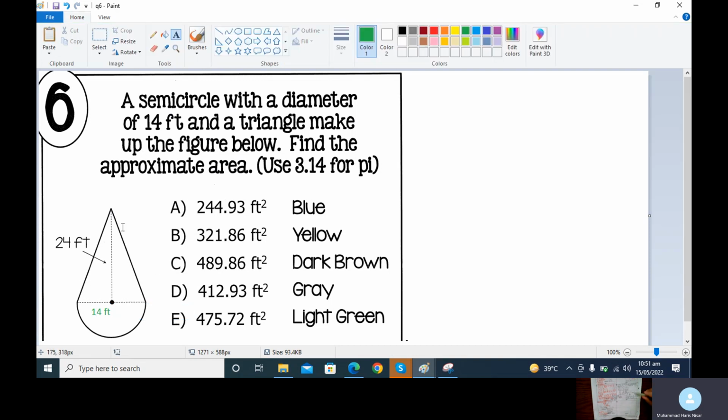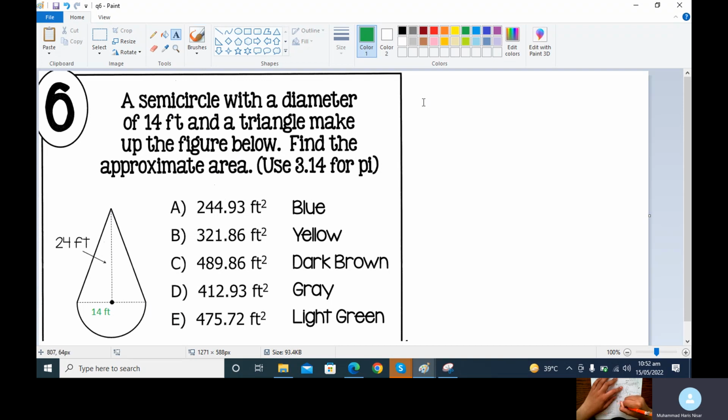We need to find the area of both the triangle and the semicircle, and then we will add them to find the area of the complete figure. Clear? Yes.